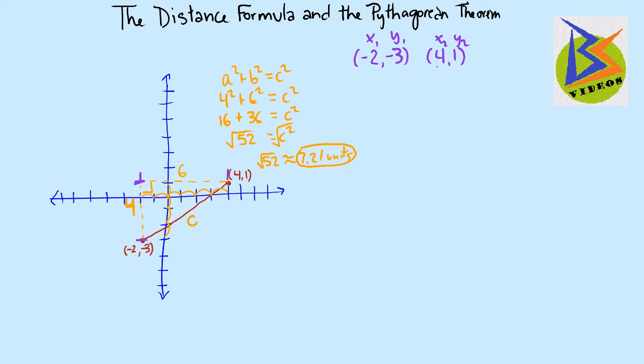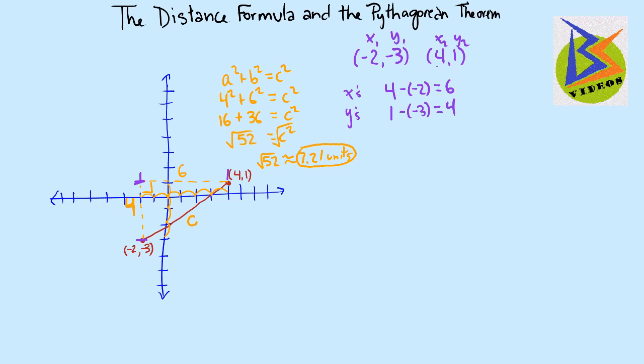So if we find the difference between those, I'm going to take 4 and subtract the -2, because difference means subtract, we get 6. So these are our x's. Our y's are 1 minus a -3, which is 4.